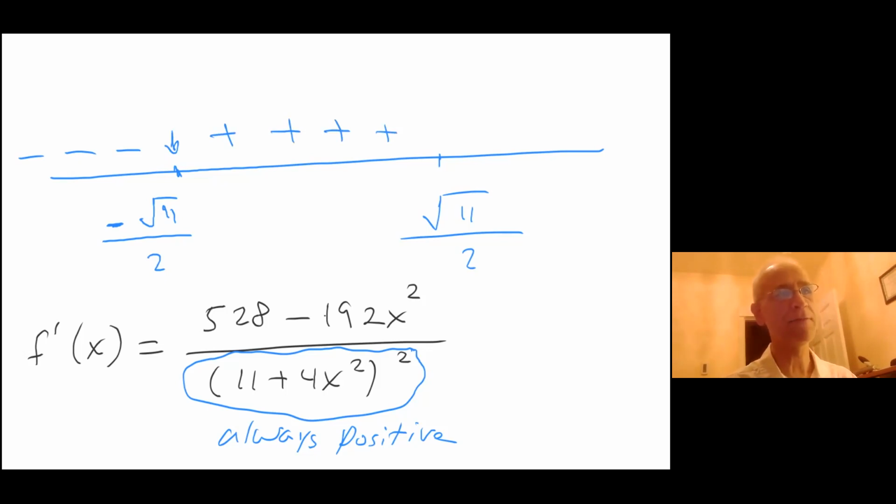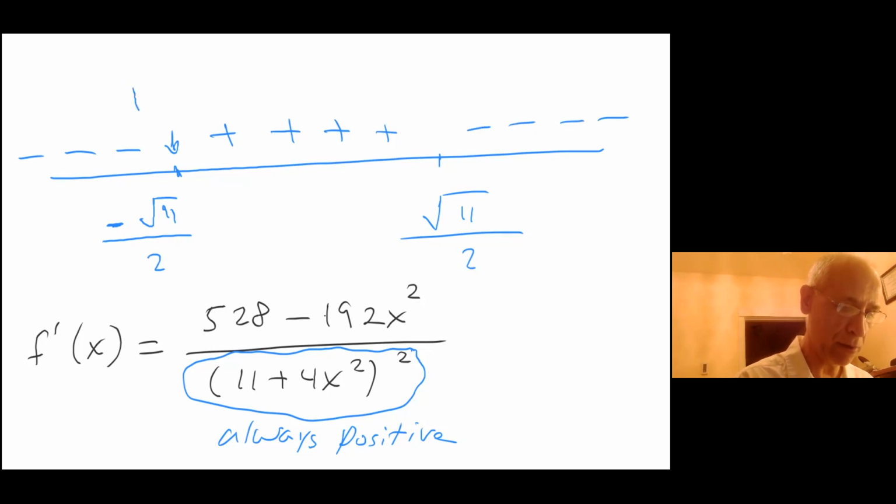How about to the right of root 11 over 2? Choosing positive 10 will result in the same sign, negative again. So we have negative, positive, negative. So notice that the slopes of the tangent lines are negative to the left of negative root 11 over 2, and then become 0, and then they turn around and become positive.